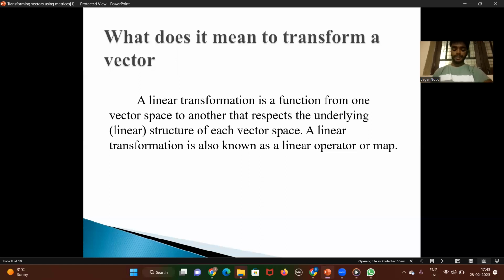A scalar is defined as a number. A vector is defined as an ordered triple of numbers. A transformation is a matrix that transforms one vector into another vector by the process of matrix multiplication.